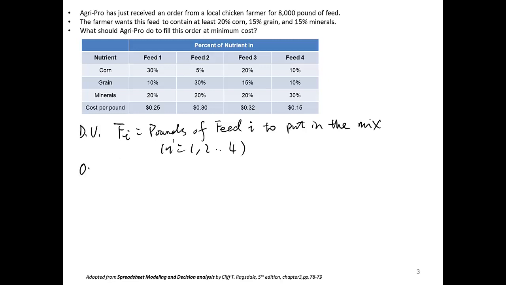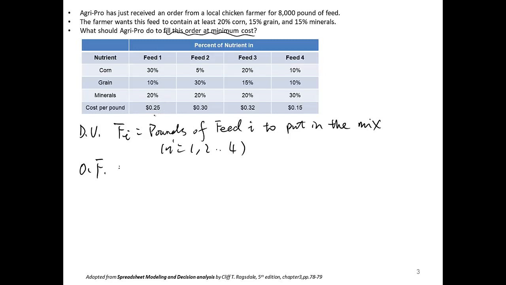Then our objective function. So we want to fill this order at a minimum cost. If we use 1 pound of feed 1, then that will be 25 cents. 10 pounds of feed 1 will be $2.50.